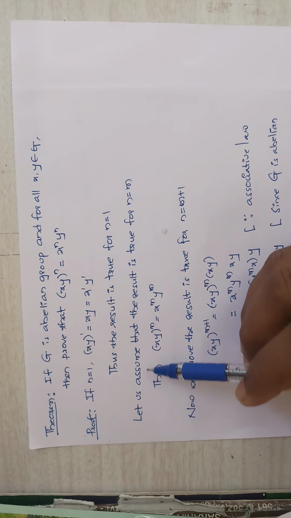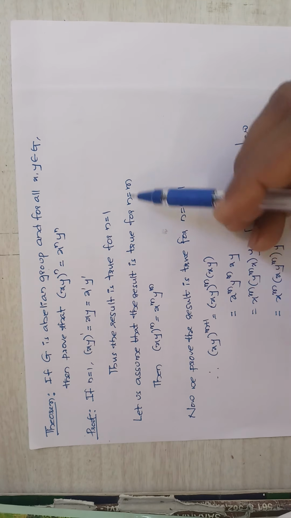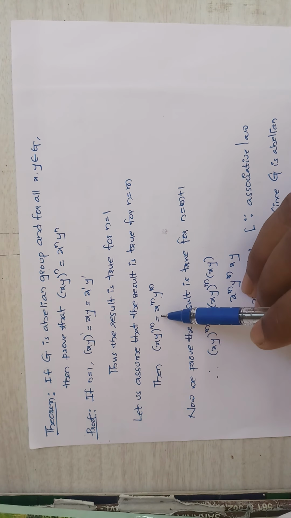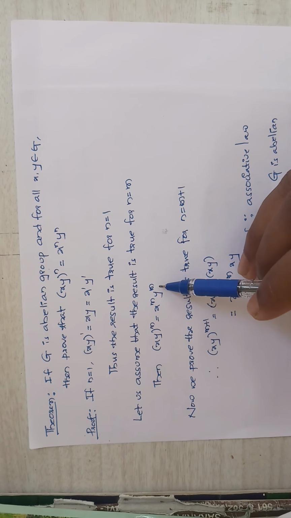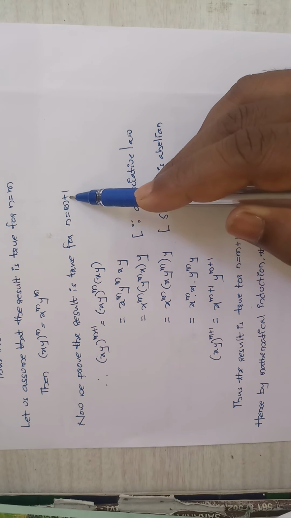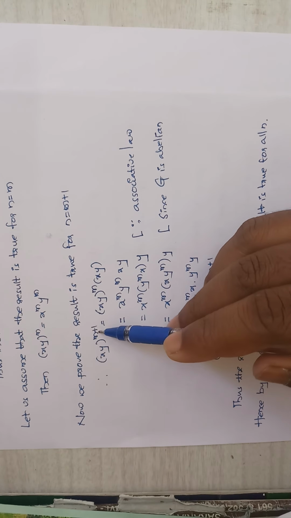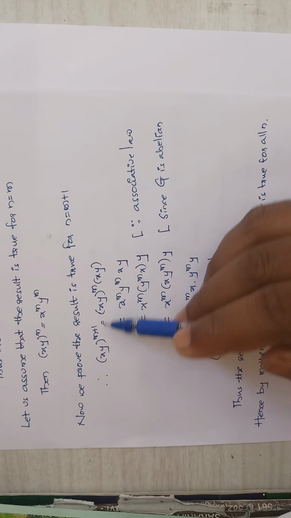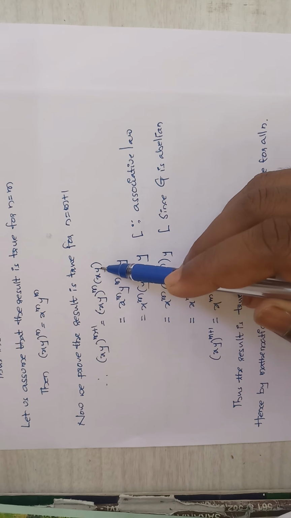Let us assume that the result is true for n equal to m. Then (xy) to the power m is equal to x to the power m into y to the power m. Now we prove that the result is true for n equal to m plus 1. Therefore (xy) to the power m plus 1 is equal to (xy) to the power m into xy.